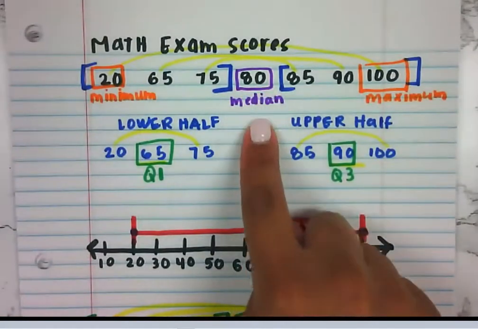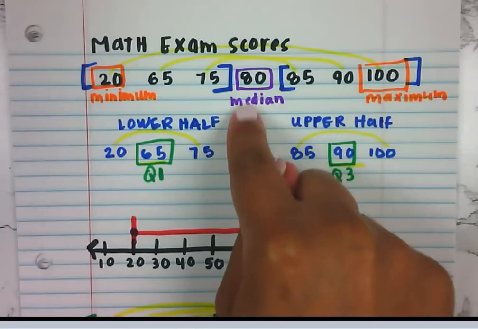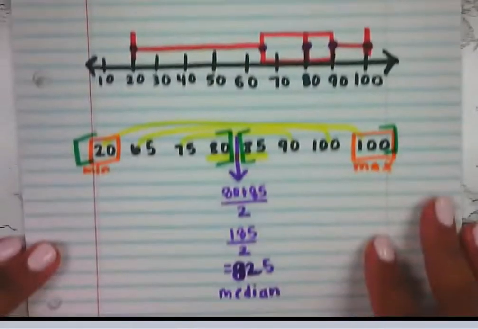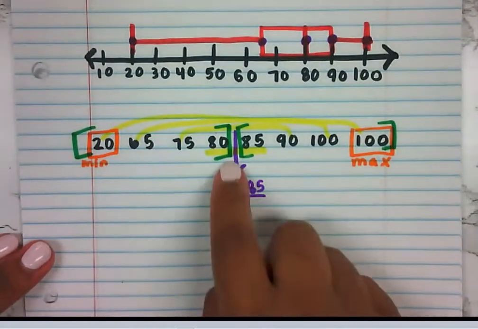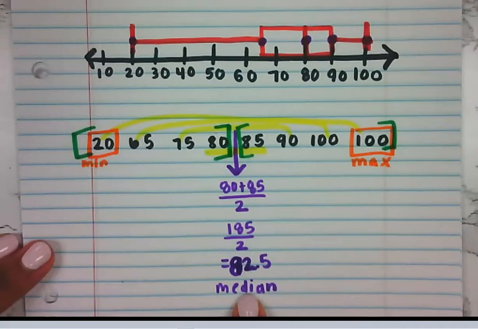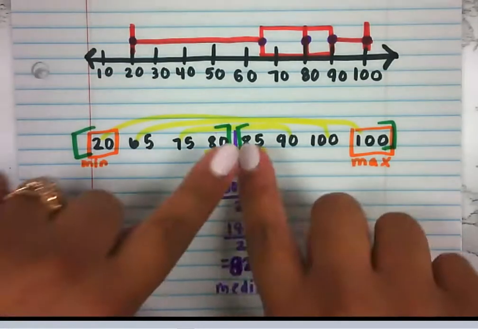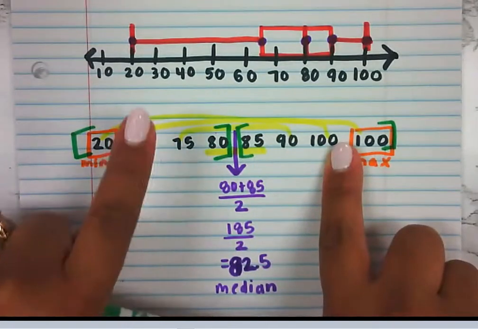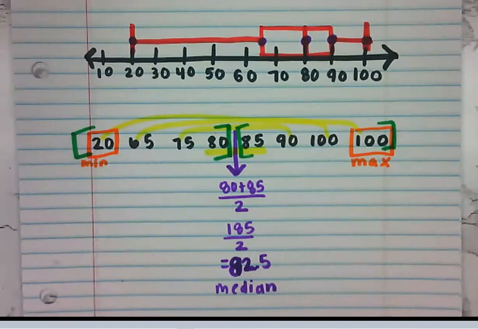I didn't include it because it is the median. For this one, the number in the middle is not a number here. We had to find this number. So because we had to find this number, these 2 numbers split off and they go into our lower and upper half. Okay? So let's find the middle of our lower and upper half now.